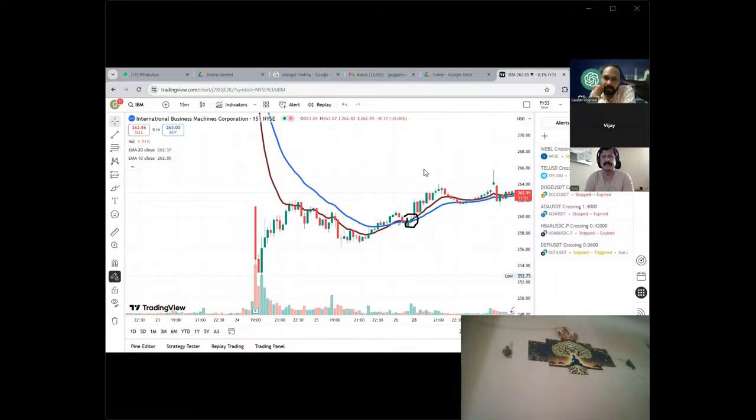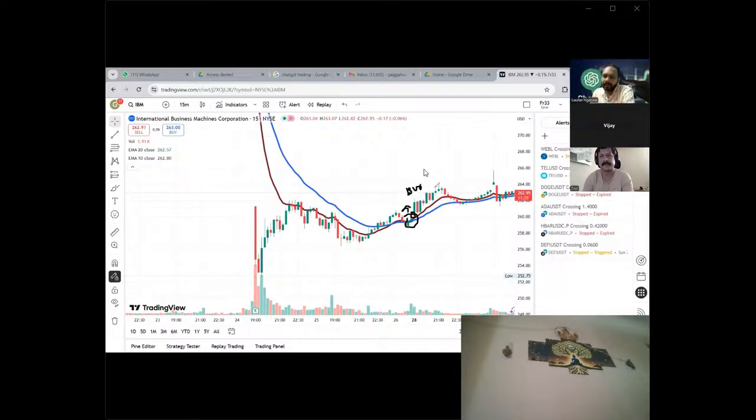First, once the red crosses the blue line towards the upside and the price has to be up only. So there are two rules. First rule is the red line should cross the blue line towards the upside and second is the price has to be up from both the lines. Then you can take a buy trade.